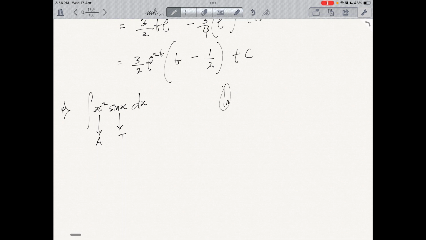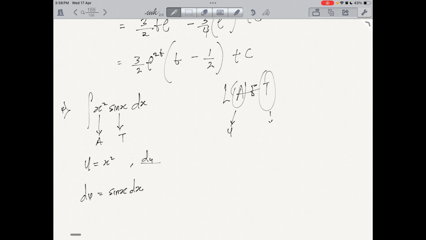And we are dealing with the principle LAET. So which one comes first? The algebraic function, which becomes our u, and the trigonometric function, which we tag as our dv. Therefore, our u is equal to x squared and our dv is equal to sine x dx.